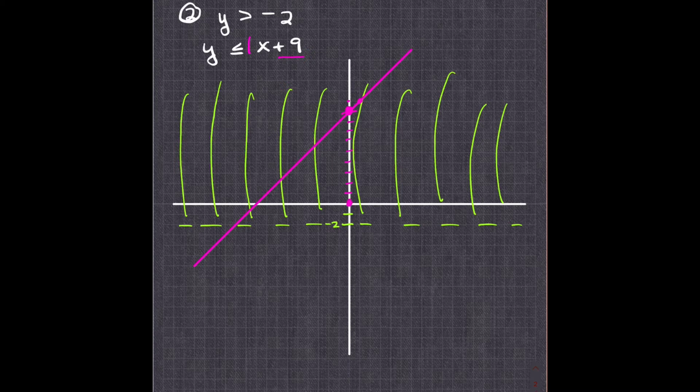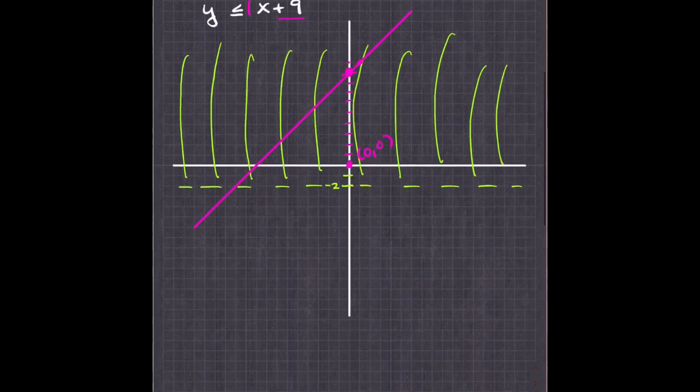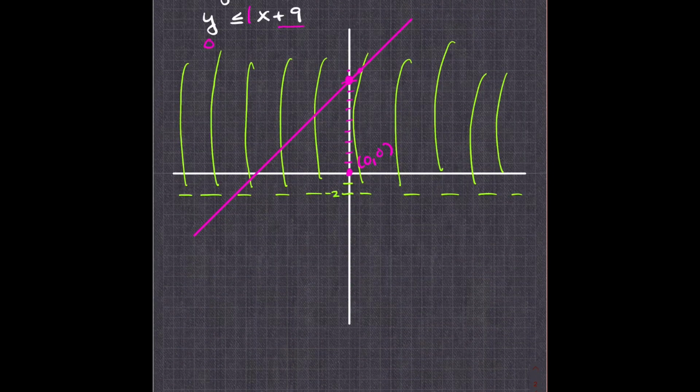If I were to test the point 0, 0, that should be a true statement. If I plugged those numbers in, 0 is less than or equal to 0 plus 9. Is 0 less than or equal to 9? Yes, it is. That's true. So I'm going to be shading down here.